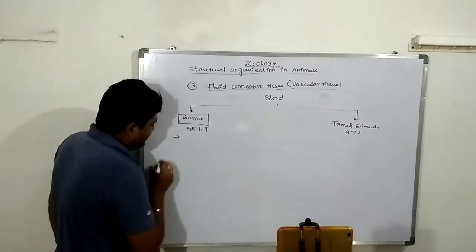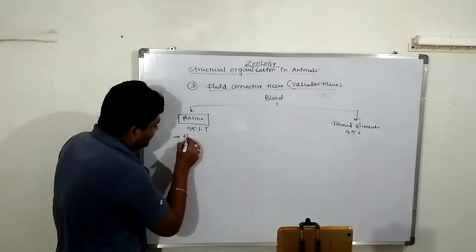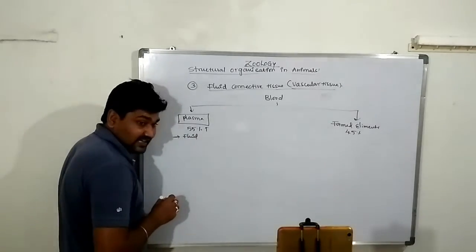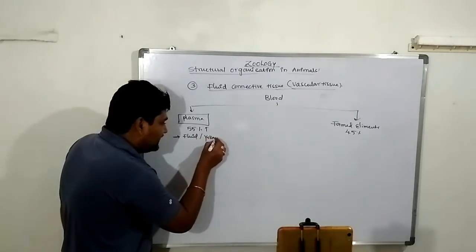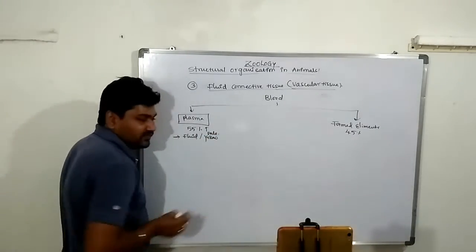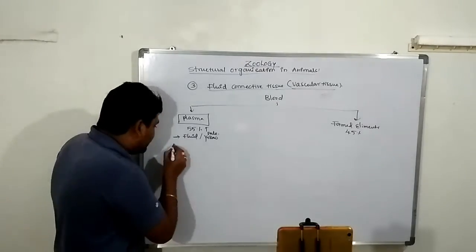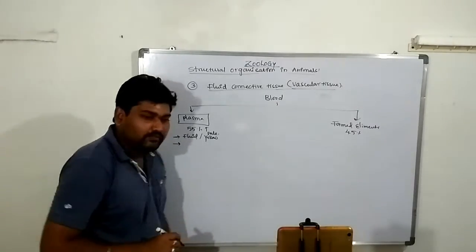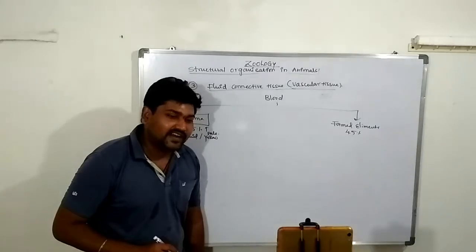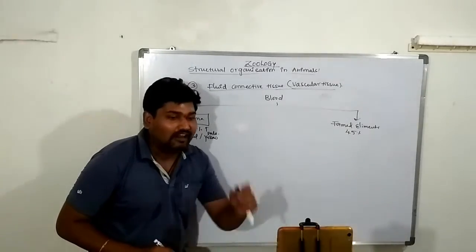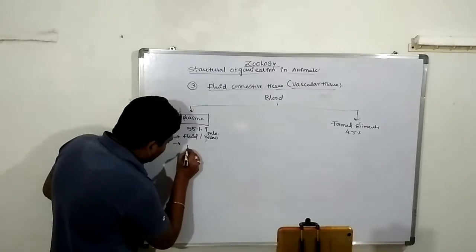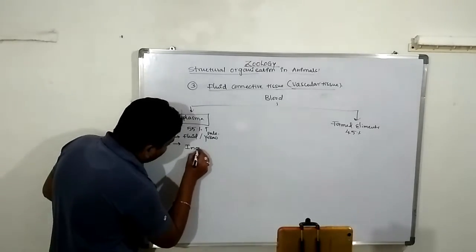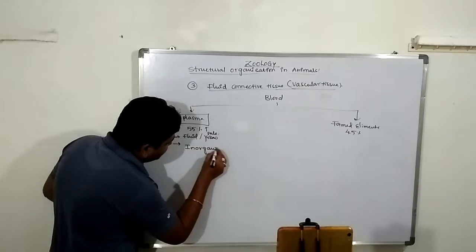So plasma is a colorless fluid, sometimes looking pale yellow. Plasma consists of protein molecules, organic and inorganic components, and clotting factors. Very important. What does plasma contain? First, inorganic components.